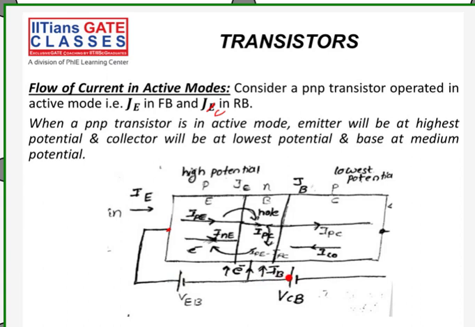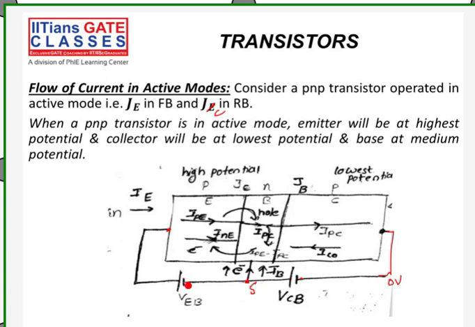So this is the lowest one. If it is 0 volt, this will not be 0 volt, it will have some voltage like 2 volt, 5 volt.